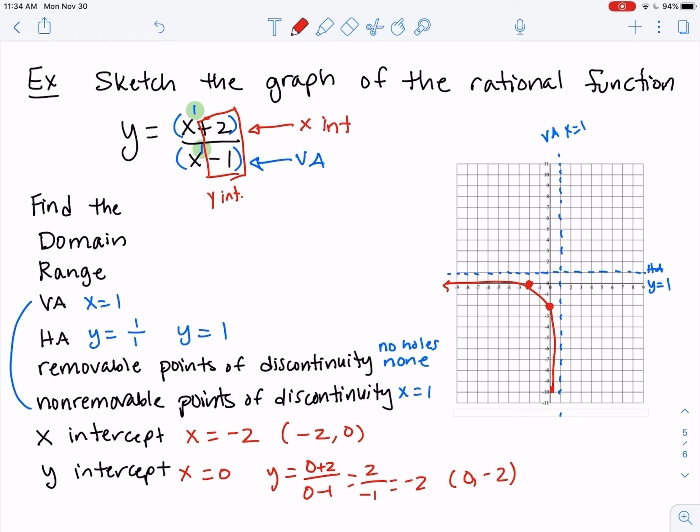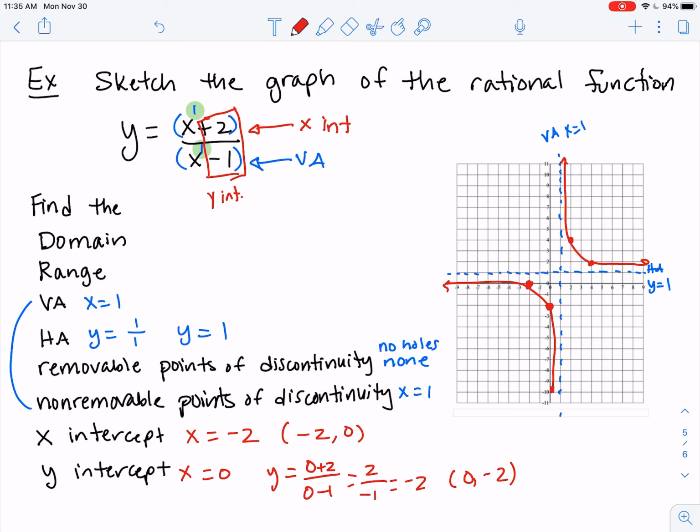One thing that you could do is if I wanted to, I could plug in 2 and I get 4. And if I plug in 4, I get 2. And there's my other branch. So I'm just plugging in points that would be in that branch for those x values.